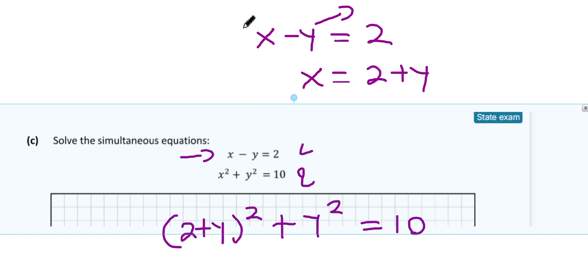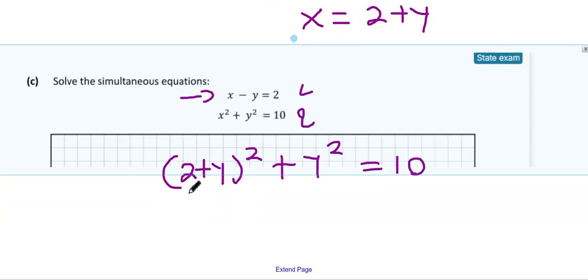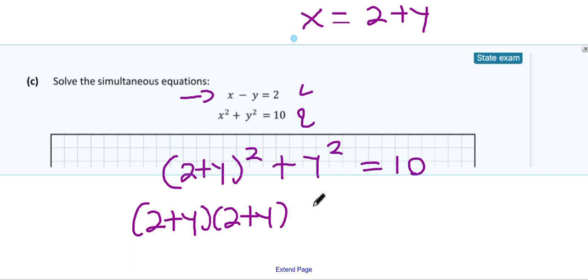You've passed the question. Right. Now, if you want to make a stab at this or an attempt at this, what could you do? You could do 2 plus y multiplied by another, plus the y squared.